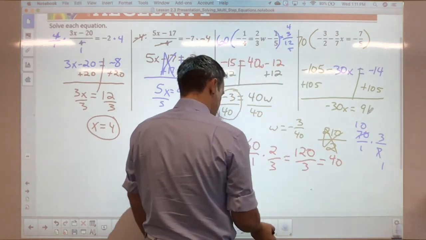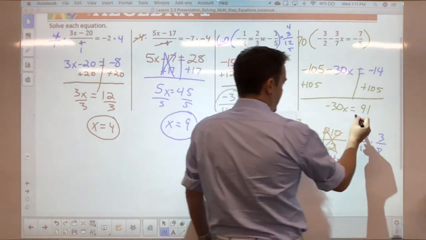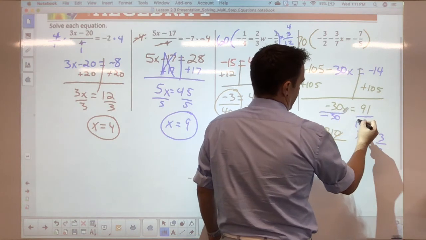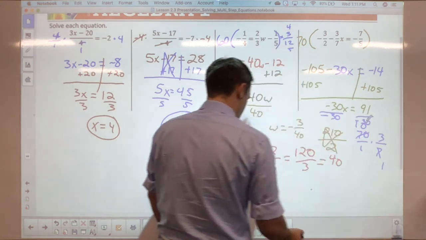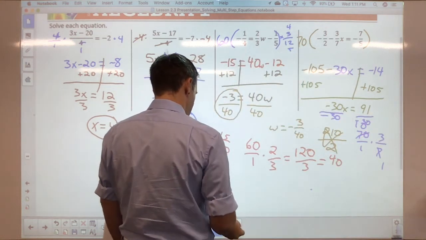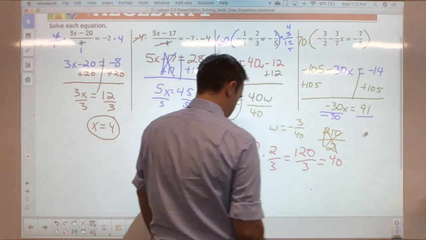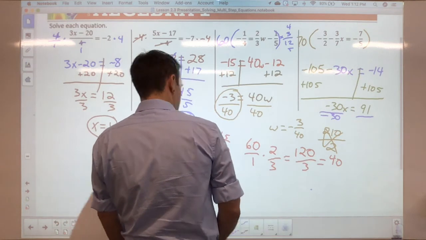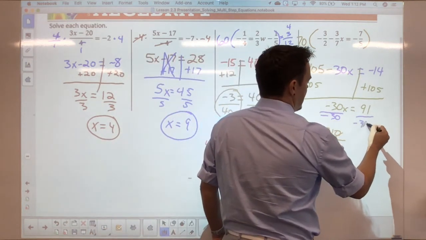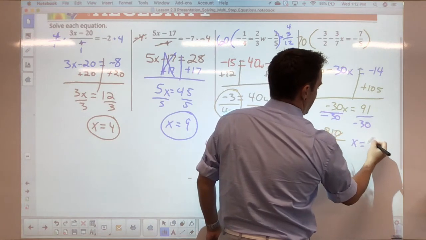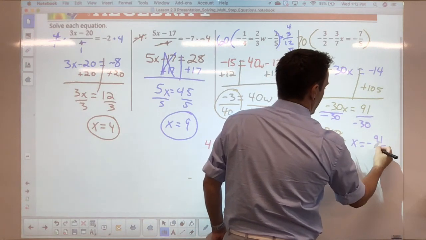And then I'd want you to divide both sides by negative 30. So your answer comes out to be x equals negative 91 over 30.